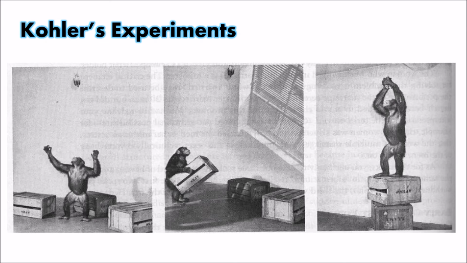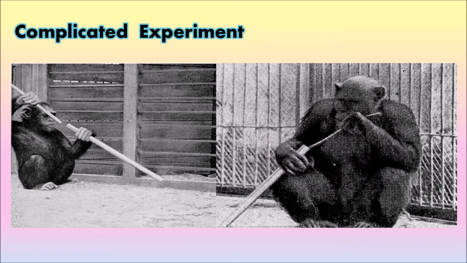In a more complicated experiment, the banana was placed outside the cage of the chimpanzee. 2 sticks, one longer than the other, were placed inside the cage. One was hollow at one end so that the other stick could be pushed into it to form a longer stick. The banana was so kept that it could not be picked up by any of the 2 sticks.